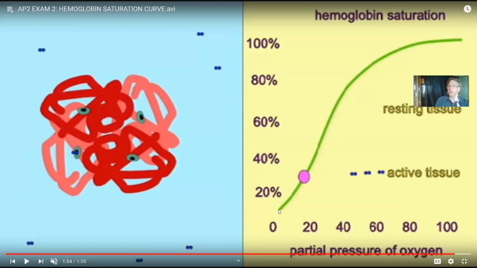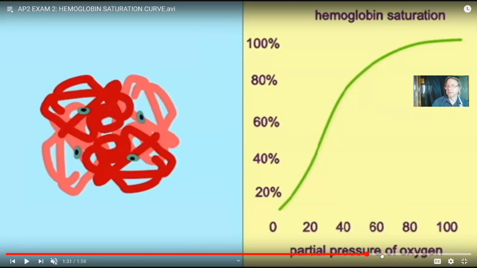Now, in contrast, when I send my blood to the arm that's holding up the chair, because I'm doing so much exercise, the partial pressure of oxygen in my active tissue is not what it was in the resting tissue. I'm sorry, I should have mentioned this. In my resting arm, the partial pressure of oxygen is 40. This is a resting tissue, so it's higher.